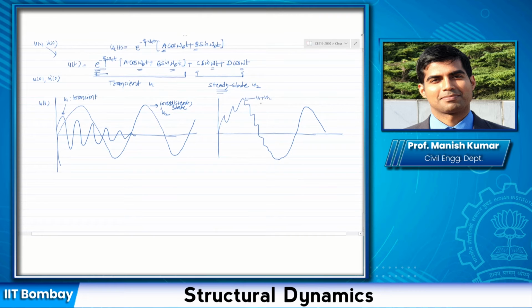After some time, this initial vibration, which is happening due to the transient vibration around the steady state, dies down and the whole solution converges to the steady state. So this is the steady state solution. That's why these are called the transient solution and the steady state solution.